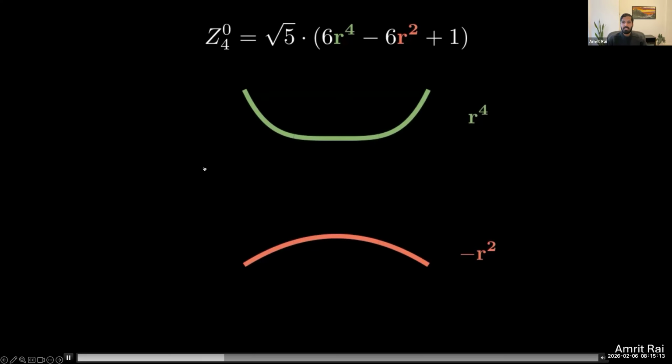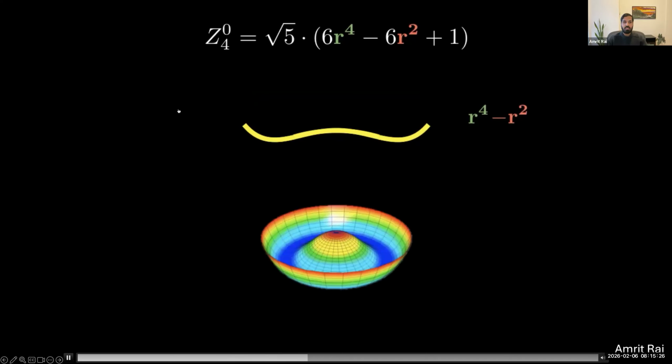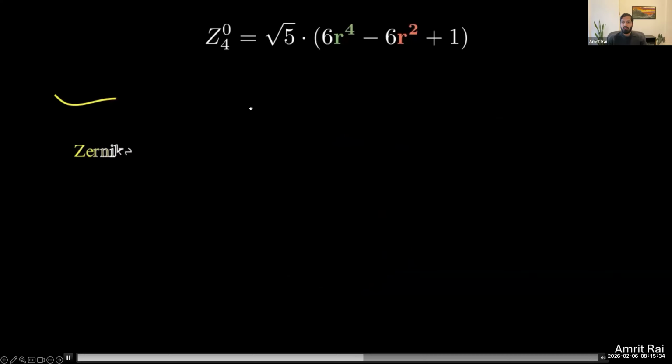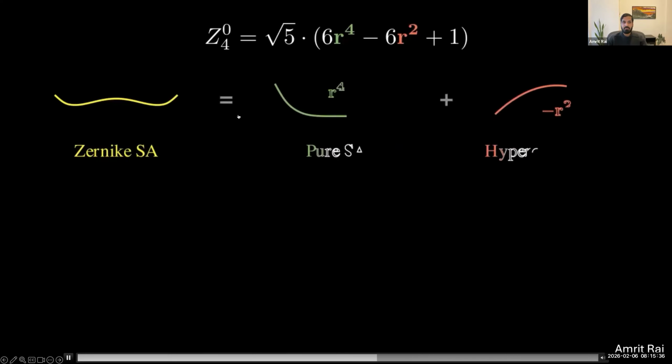And we can see that this central curved portion of the defocus curve, when added to the green curve, bumps the center up, and the two wings on the sides will pull these wings down so that ultimately we get this classic sombrero shape that we're used to with Zernike spherical aberration. It's the R4 minus R squared that causes this shape.